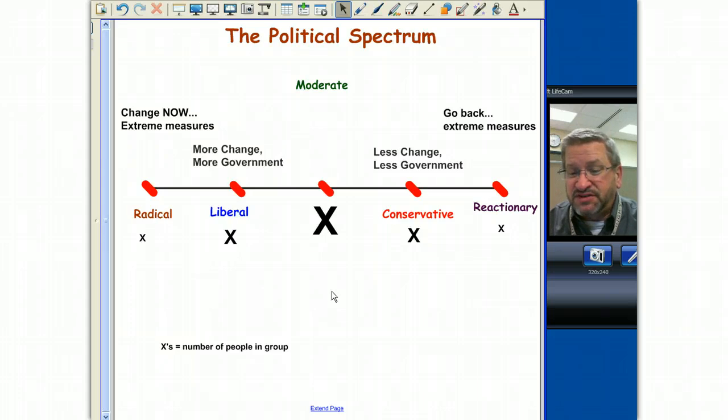But as you look at the spectrum, if most people consider themselves moderates but lean a little left or lean a little right, you're going to find that those looking to get elected or reelected into public office are going to need to capture the support of the middle. So that makes it very difficult and challenging for those people, because they have to gain the support of their political base, either the liberals or conservatives.